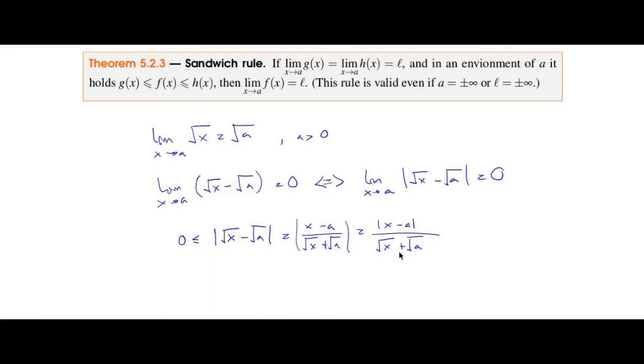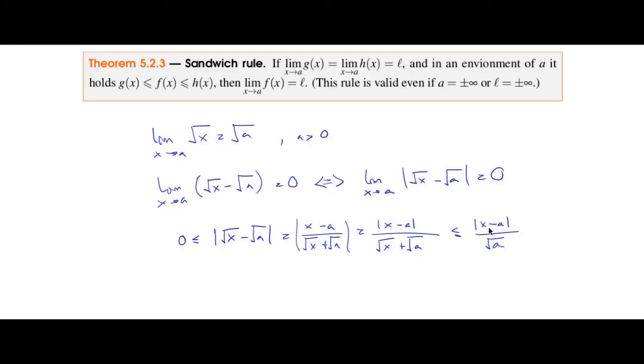Now this is going to be smaller than this, because the square root of x is going to be positive around or close to a, because a is positive. When you have a greater denominator, this is smaller.